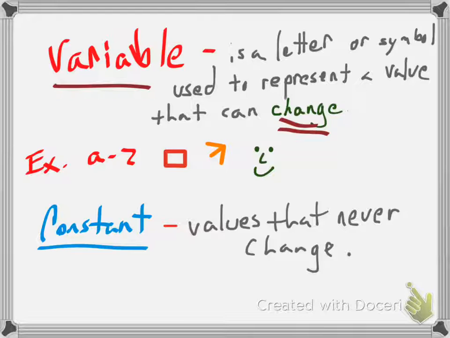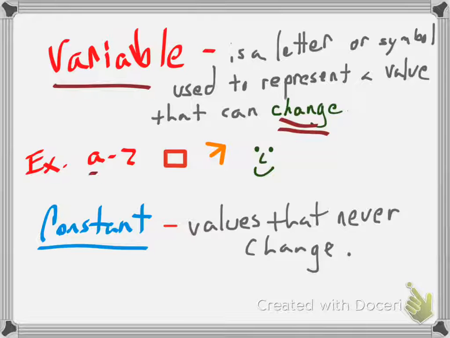You represent something that's going to change, or if you don't know it. So let's say we're looking for a value, which is algebra. We're always looking for a value or a set of values, and we're trying to figure out a puzzle to figure out what the value is. We might put an A or a B in there and then later on be able to figure out what that is.